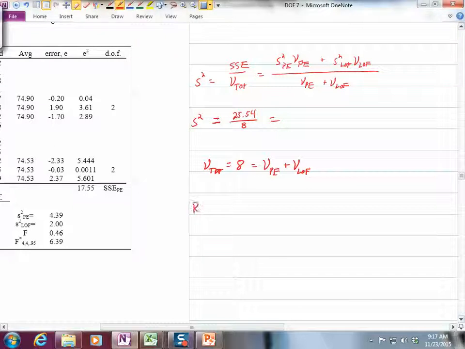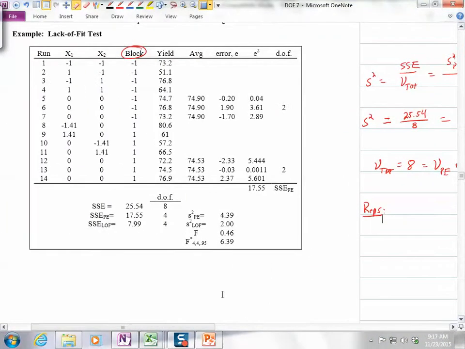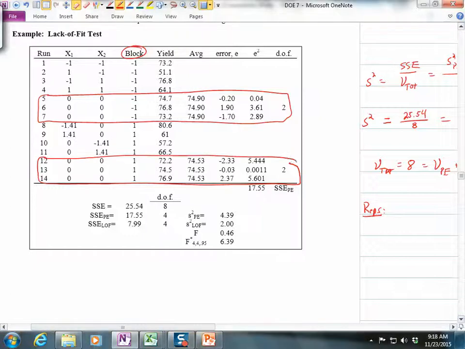So let's look at the replicates. Where do we have replicates? We have them here. We have 3 replicates in block 1, 3 replicates in block 2.